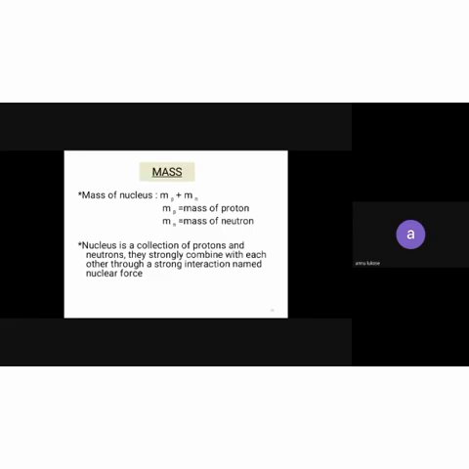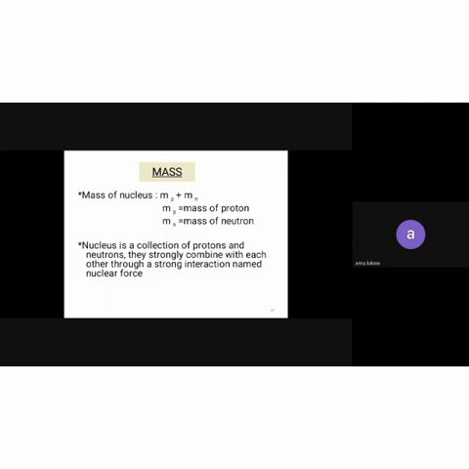However, a nucleus is not a simple collection of protons and neutrons, but they strongly combine with each other through a strong interaction named the nuclear force, already discussed by Aleena Binoy.